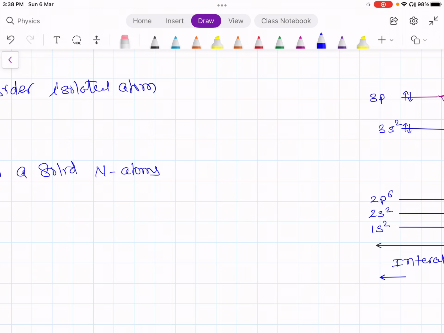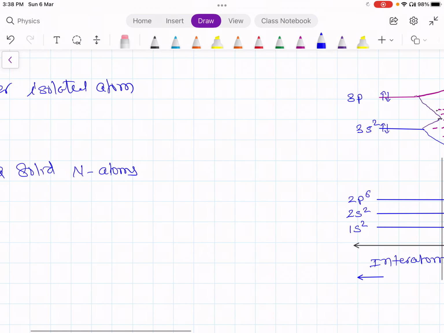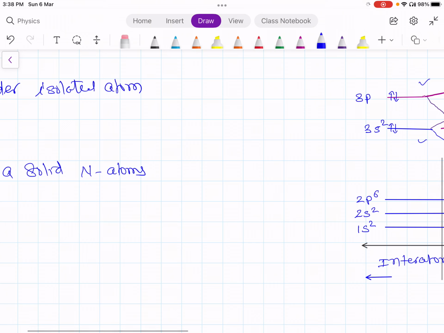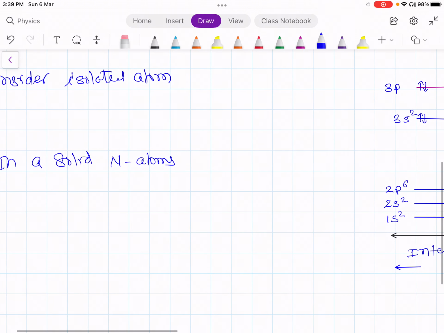When atoms are brought together, since 3p is the outermost orbit, the 3p energy levels first start interacting and then their splitting will start. So first initially 3p splits and then 3s splits. As you can see here, 3p splitted and 3s also splitted. So let us consider this 3s and 3p.